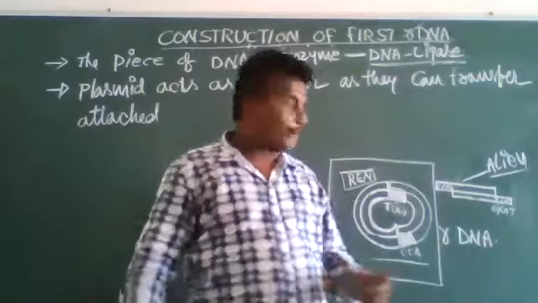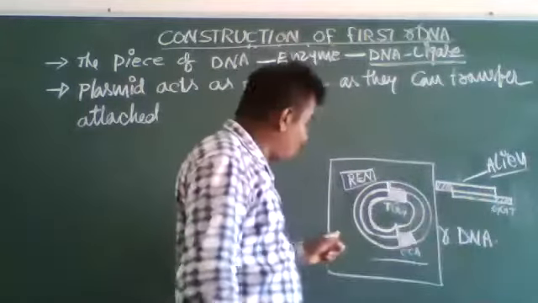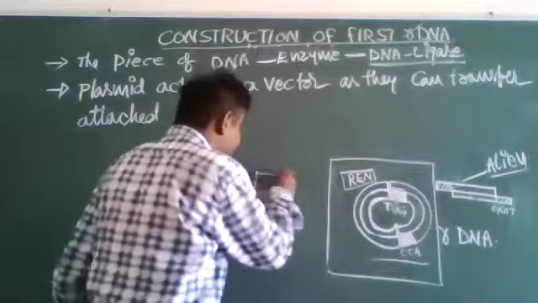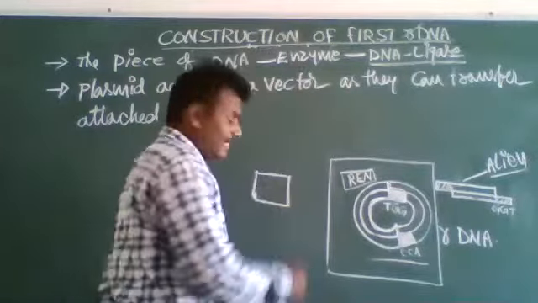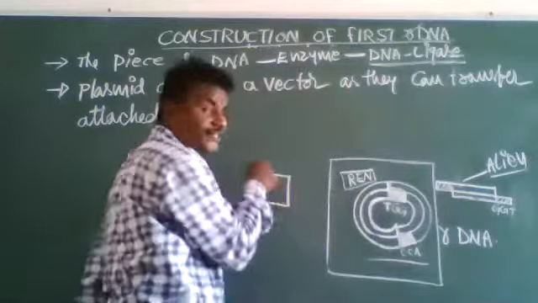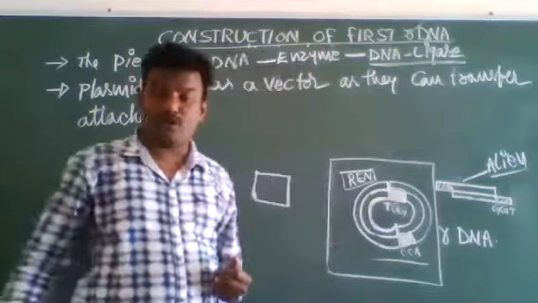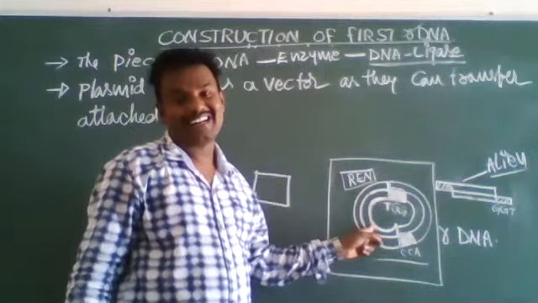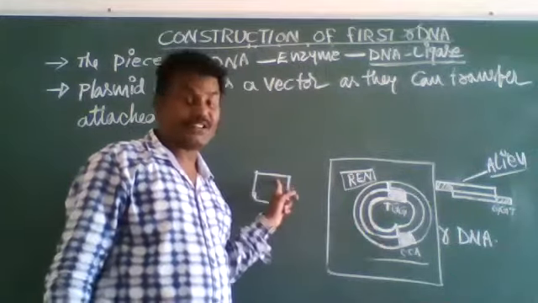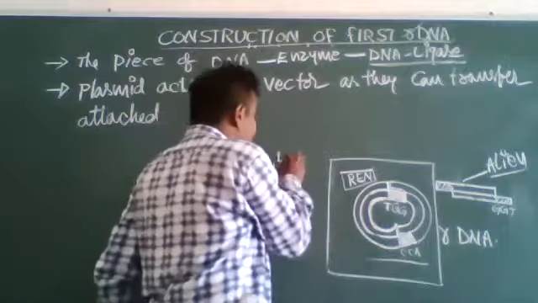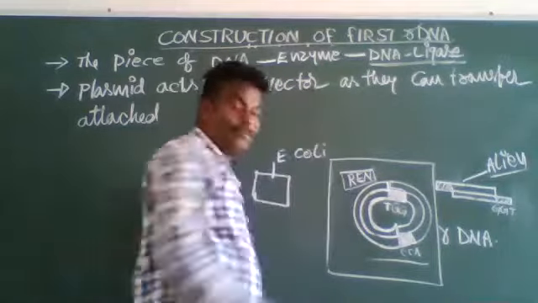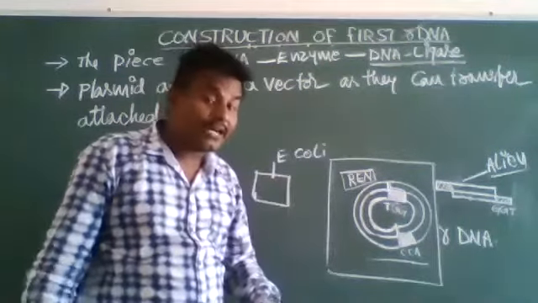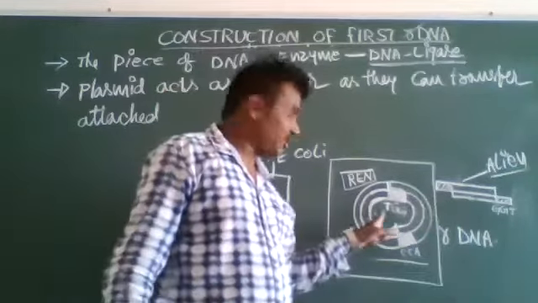In the same way, this DNA we wanted to transfer into the E. coli bacteria. If this DNA is directly transferred to the E. coli bacteria, the process does not work out. Through a vector, we can transfer it into the E. coli bacteria. So what we want is attached to the plasmid.